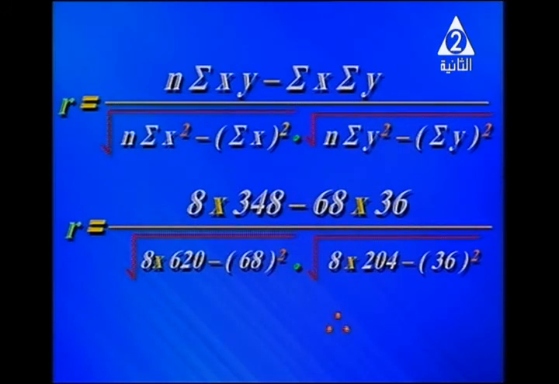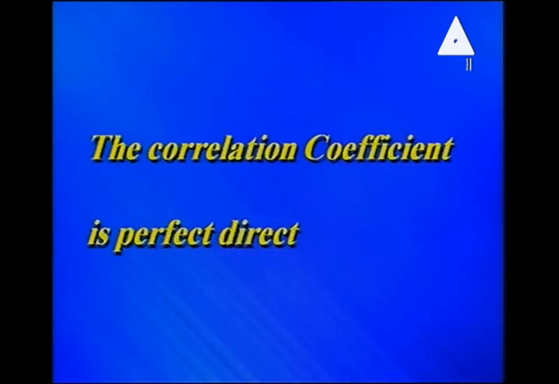What is the value of r? Then r equals 1. What does that mean? R equals 1 means the correlation coefficient is perfect direct. This type of Pearson correlation coefficient is perfect direct.